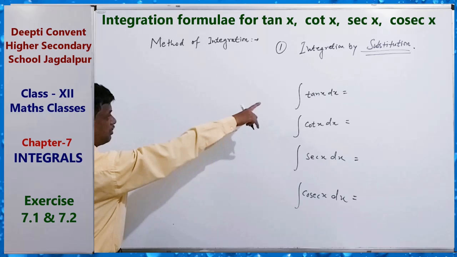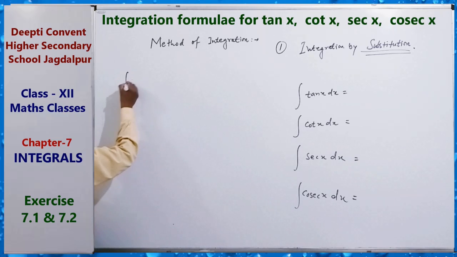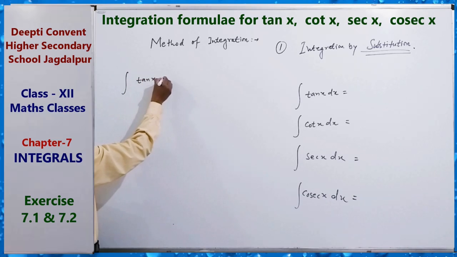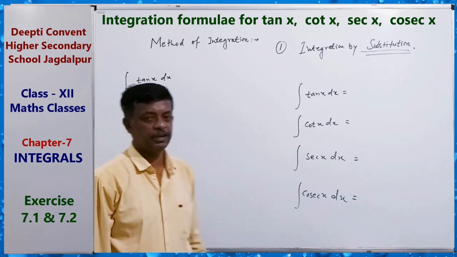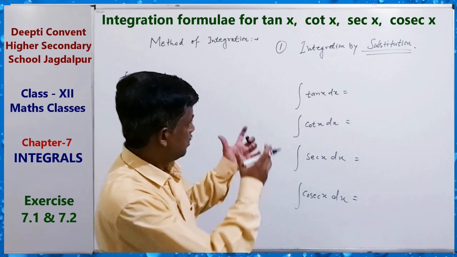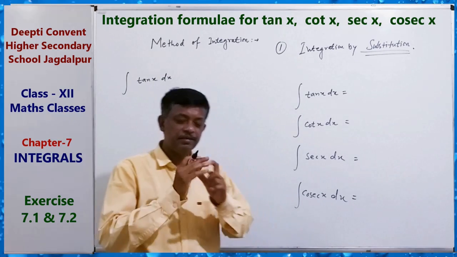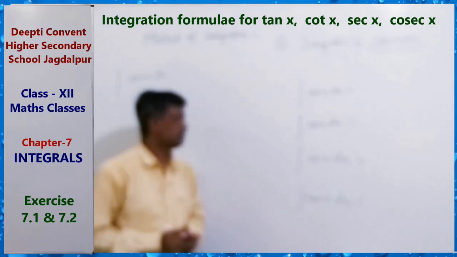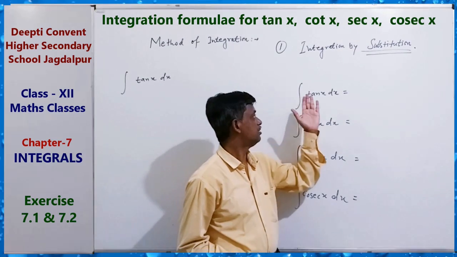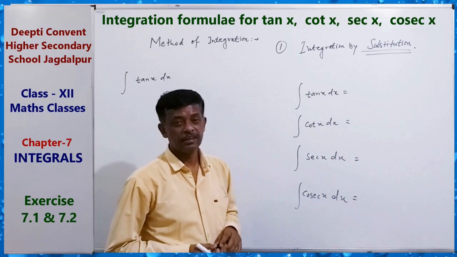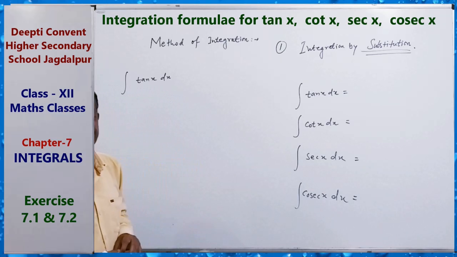So first, let us find the integration of tan x. Generally, whenever we integrate trigonometric functions, we try to convert them in terms of sine and cos.